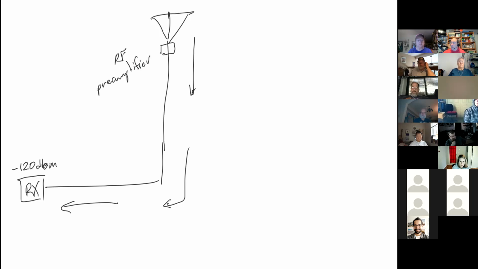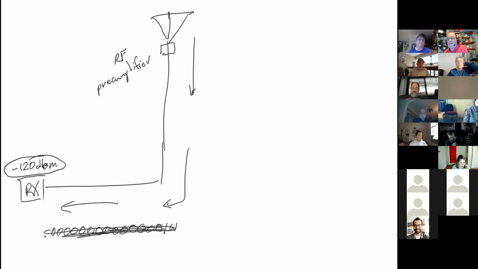So basically 120 decibels lower than 1 milliwatt, which is about 1 femtowatt. It's almost no power at all. It'd be 0.00000000000000001 watt. That's how much power is fairly typical of being able to be heard by a receiver, which is why we don't bother writing that. That's why we use numbers that look like that.